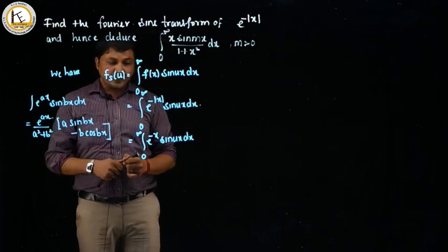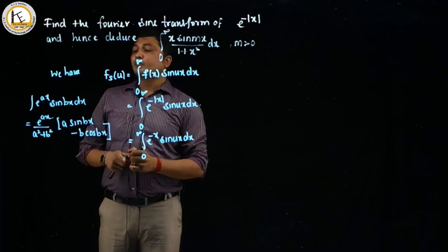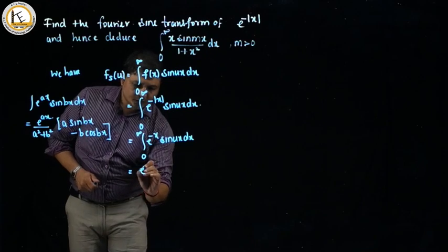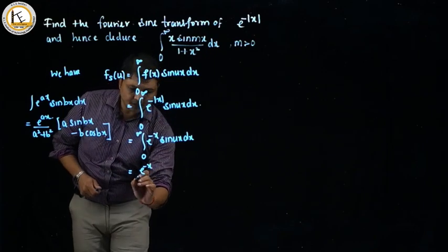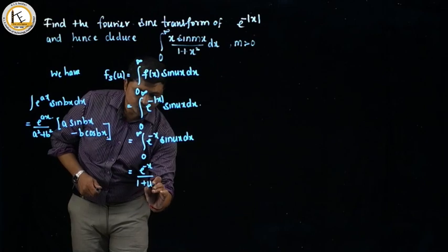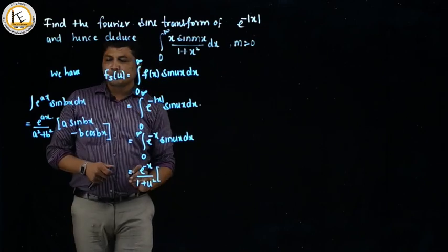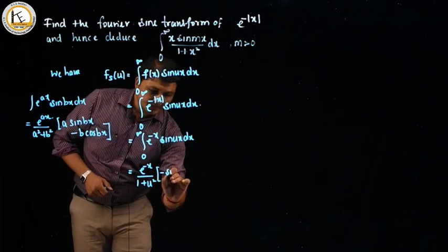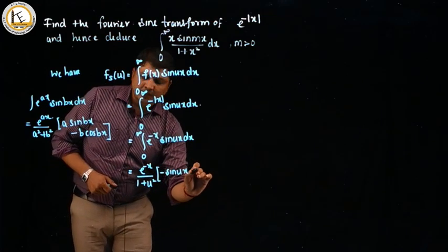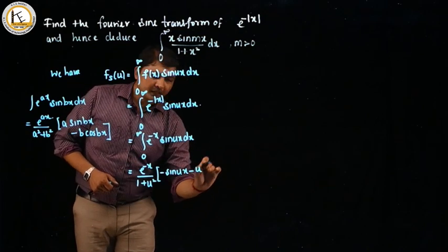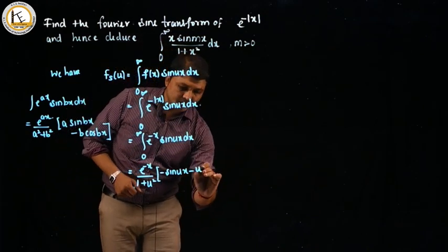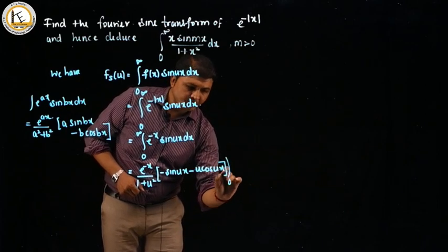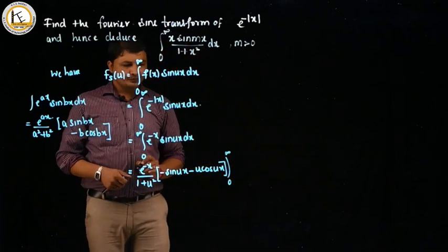So replacing a as minus 1 and b as u, it becomes e raised to minus x divided by 1 plus u square into the bracket: a is minus 1 into sine ux, minus b, which is u, into cos ux, applying the limits 0 to infinity.